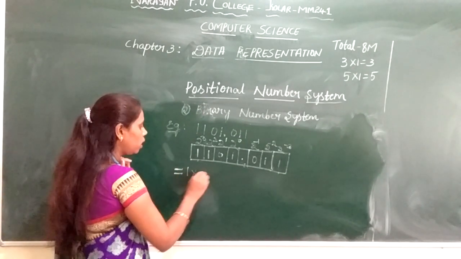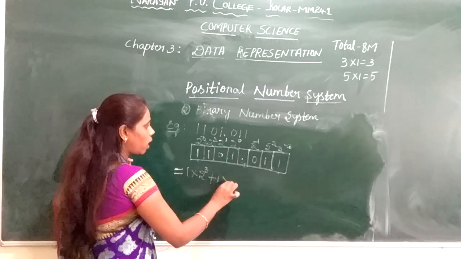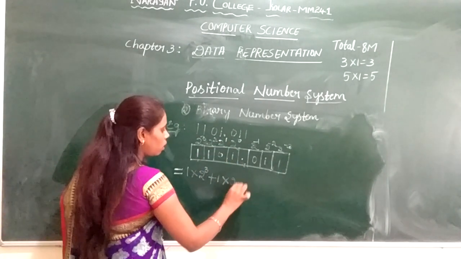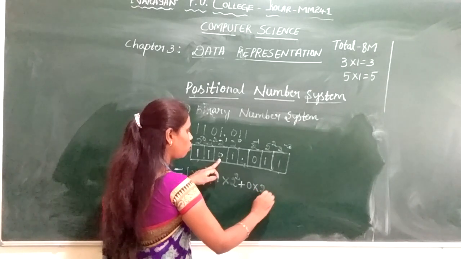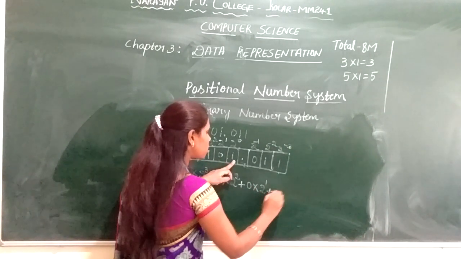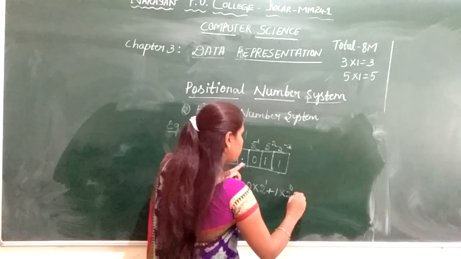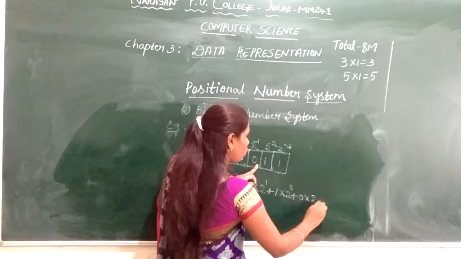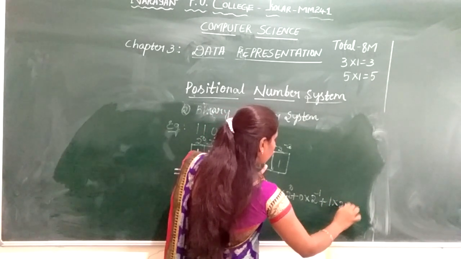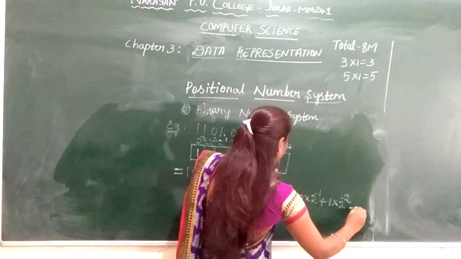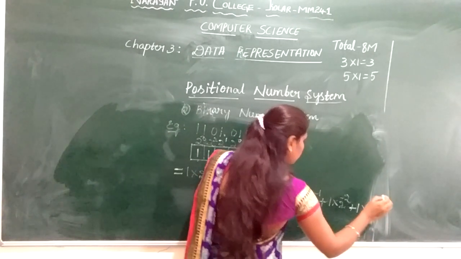Now 1 into 2 power cube plus 1 into 2 power 2 plus 0 into 2 power 1 plus 1 into 2 power 0 plus 0 into 2 power -1 plus 1 into 2 power -2 plus 1 into 2 power -3.